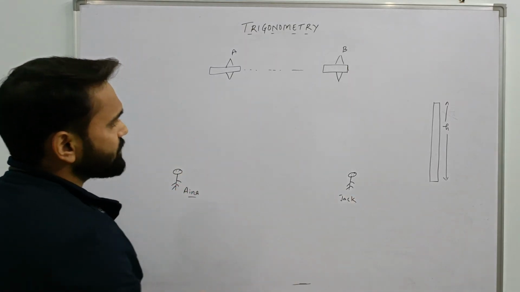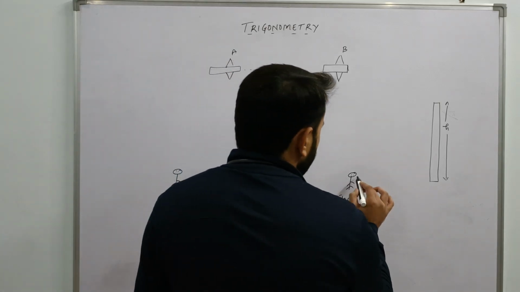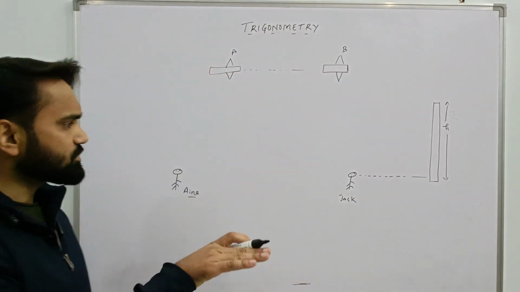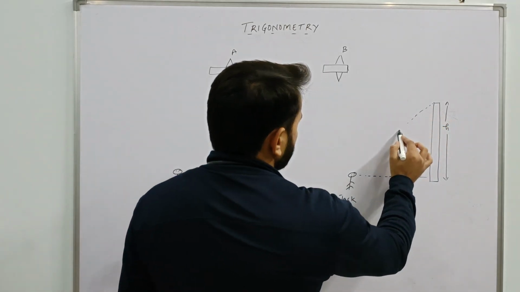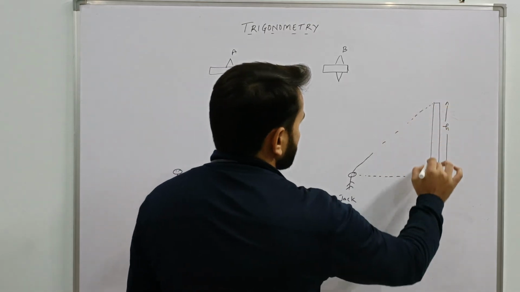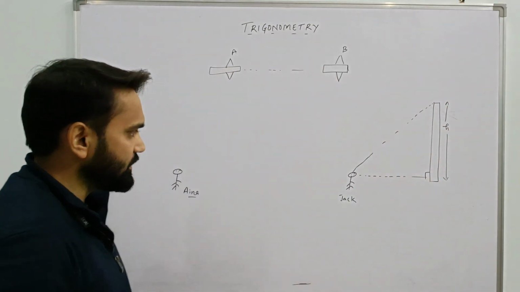So in both situations, we can imagine a right triangle by drawing some imaginary lines. If I draw an imaginary line which is parallel to the horizontal and a line which is along the line of sight, we can see that this is a right triangle, with the building perpendicular to the base, right?